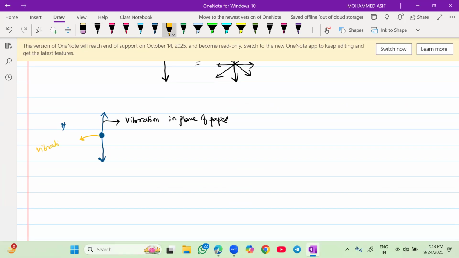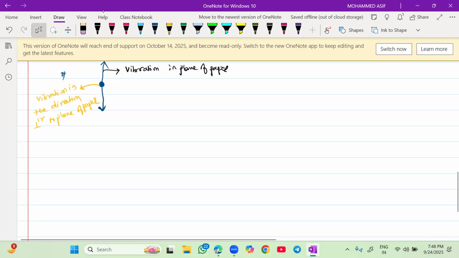This is your vibration in the direction which is perpendicular to plane of paper. So the straight line represents vibration in the plane of paper, and the dot represents the vibration in the direction perpendicular to the plane of your paper. So I hope you got the terminologies on this one.